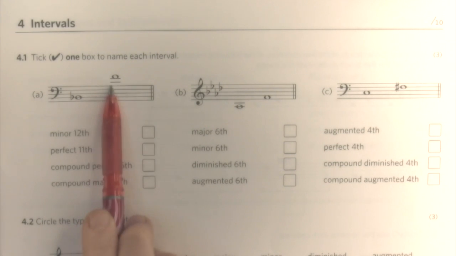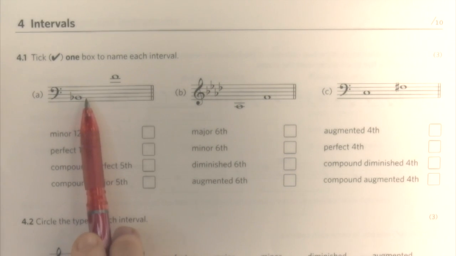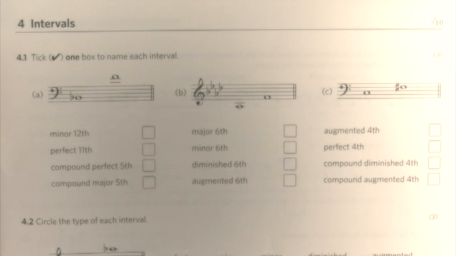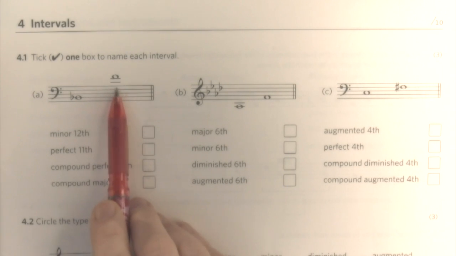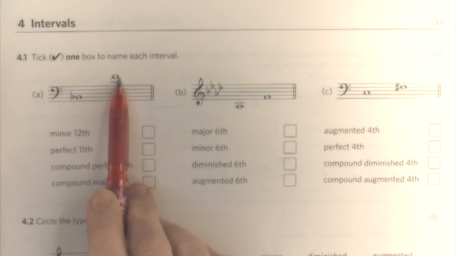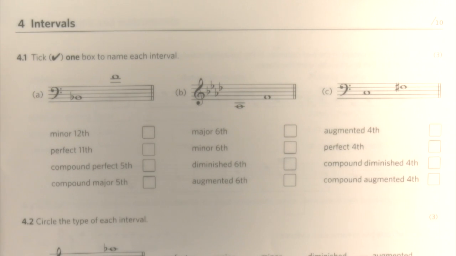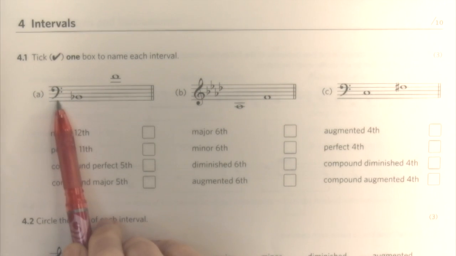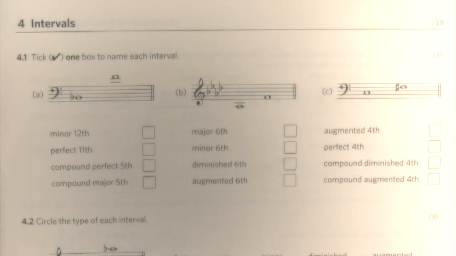This is a compound interval because it's wider than an octave. And what do we do? We just either raise the lower note up an octave or lower the second one down. We need to write the notes correctly because we are in bass clef, and if we read a note incorrectly, we're going to be in trouble.